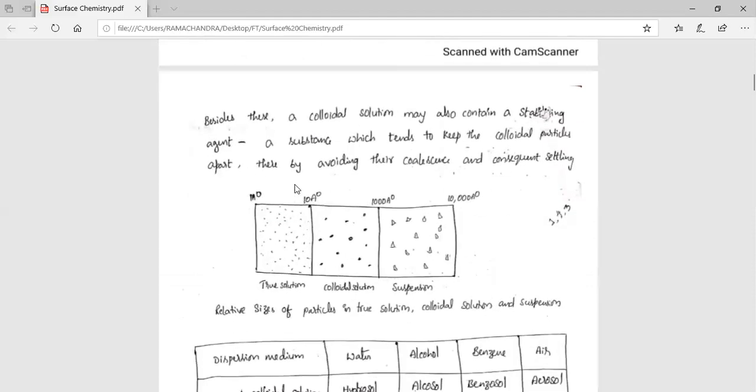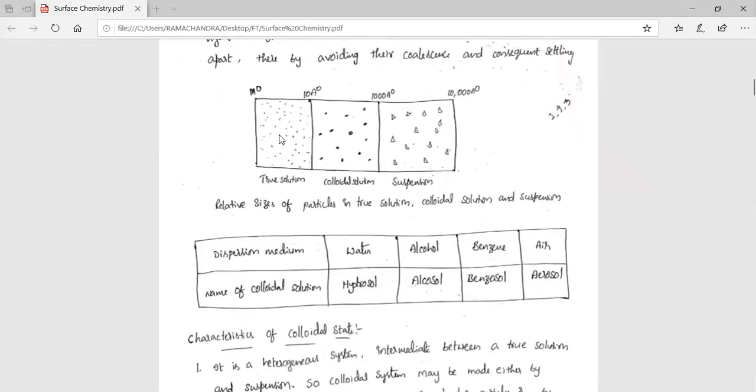Colloidal solutions may also contain stabilizing agents, substances which tend to keep the colloidal particles apart, avoiding their collisions and consequent settling. So due to stabilizing agents, the colloidal particles are stable.